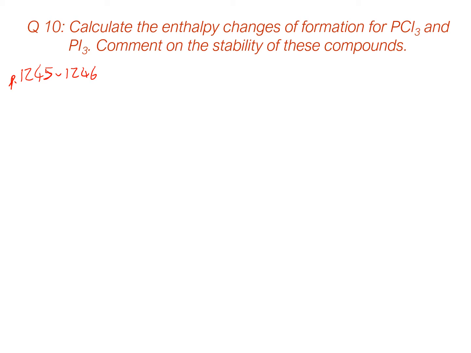They give the general formula as A plus n over 2 halogens goes to AXn. And this is the enthalpy change of formation for whatever we want, AXn.